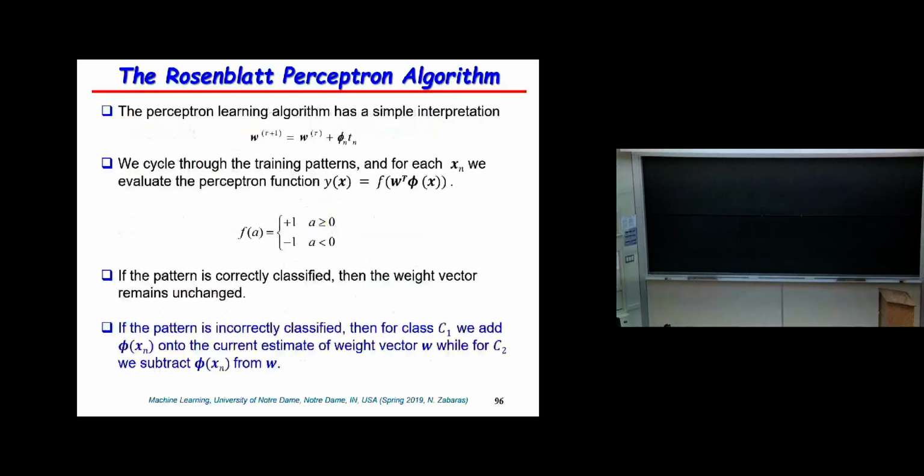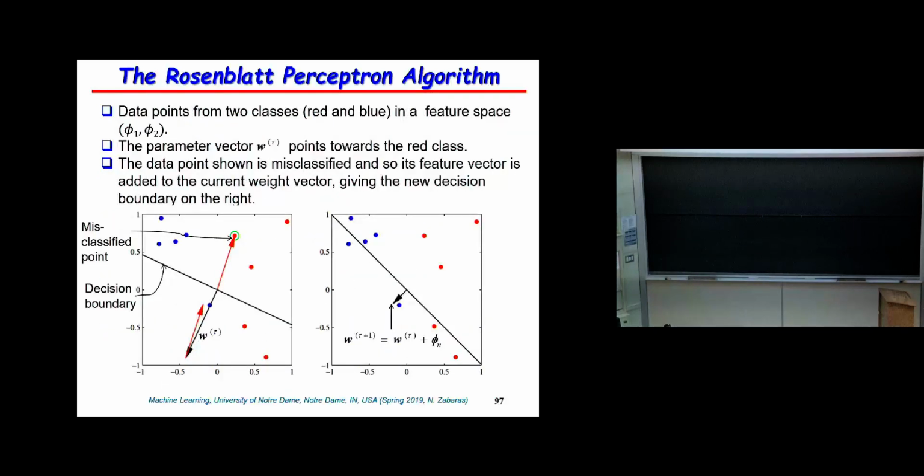In practice, here's how the algorithm looks. Let's say that the vector W that we have at this time is this black vector there. This is class 1 on the bottom, and class 2, the blue class, is on the top. I am looking now at this point, and this point is misclassified. The model says it belongs to the blue class, even though it's a red point.